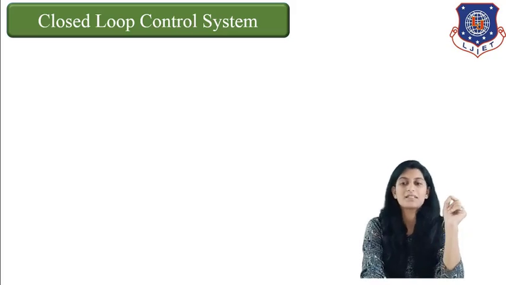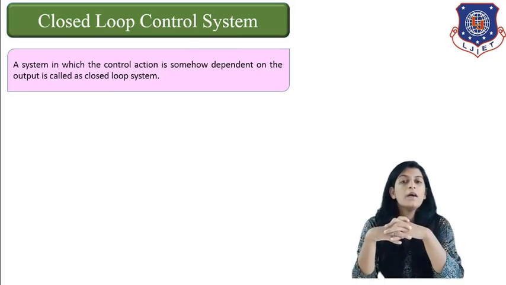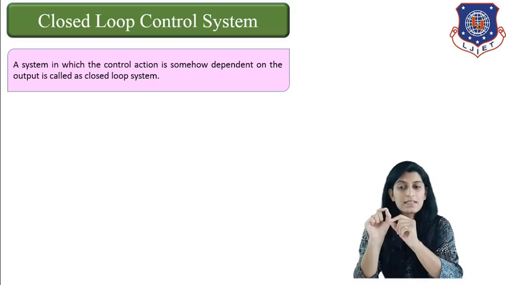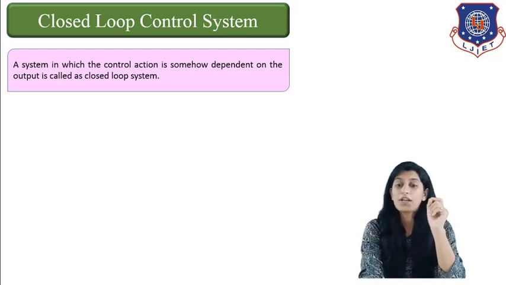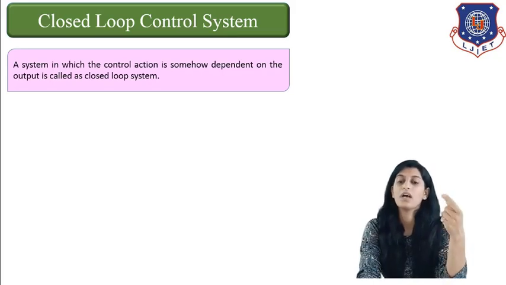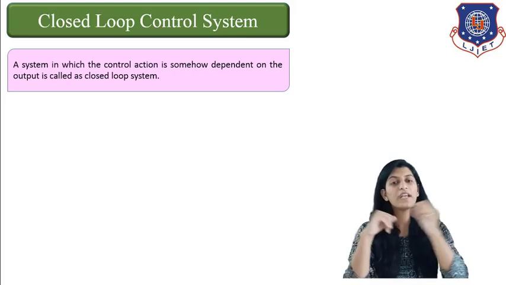So, let's start with the closed loop control system. By definition, a system in which control action is somehow dependent on the output is called a closed loop control system. So, what do we mean by this definition?